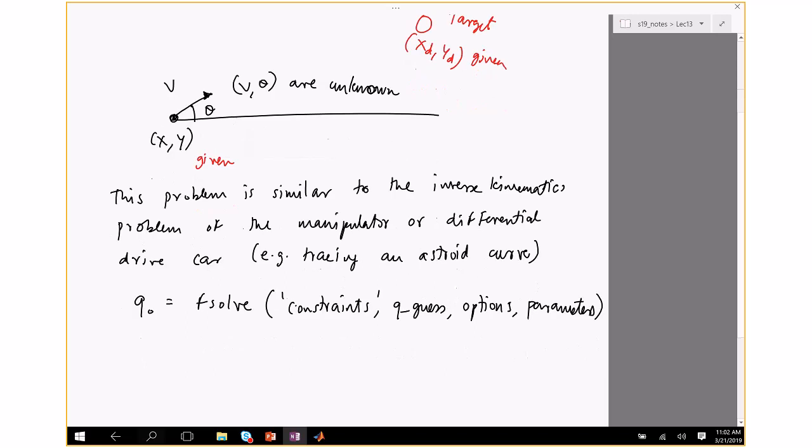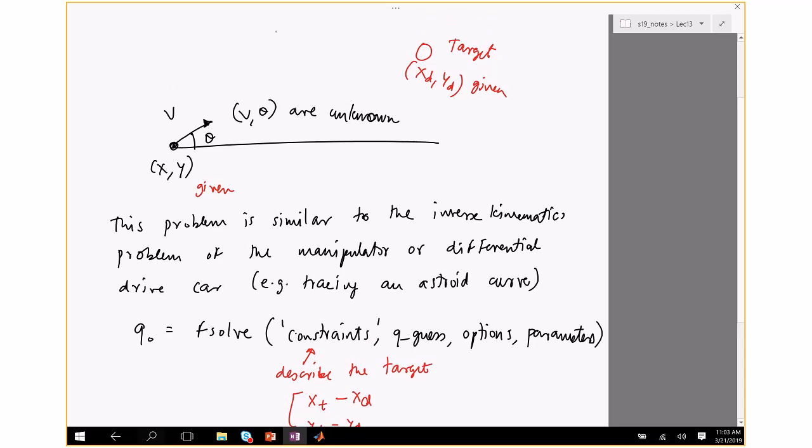So let me write down what these things are. This describes the target. What's the target? It's basically x at time t minus xd, y at time t minus yd. In this problem, I'm also going to assume that time is given.